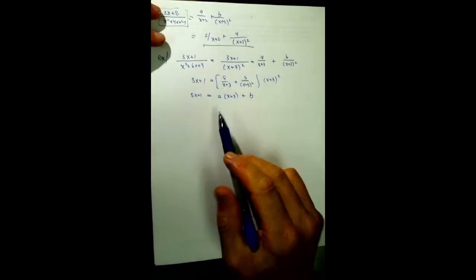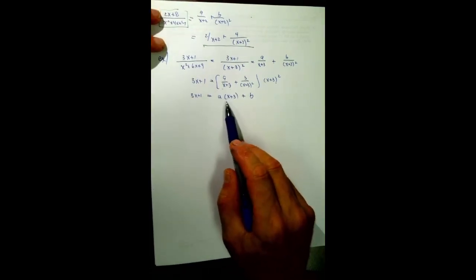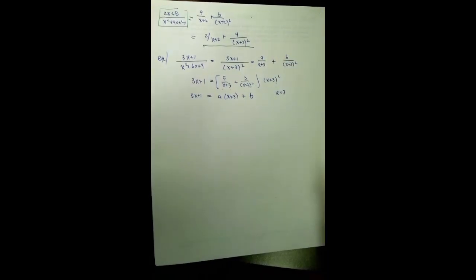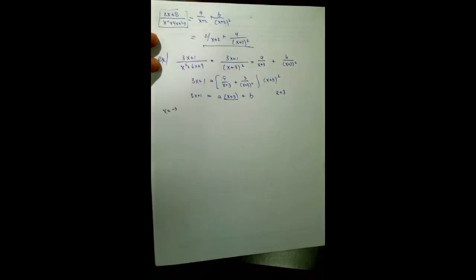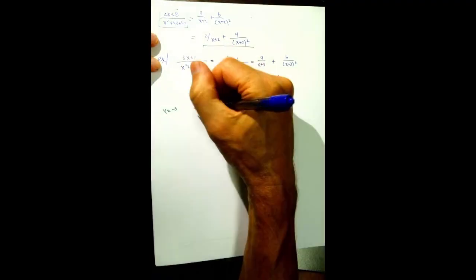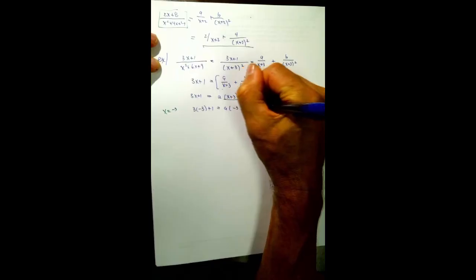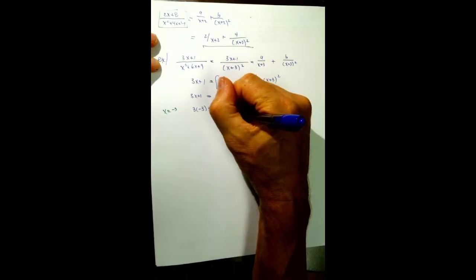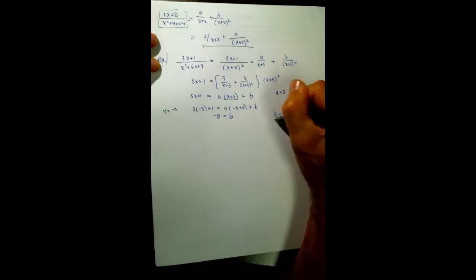So now using this the other way, you should immediately see that 3x equals ax, so a equals 3. Or I could do this: because of that x plus 3, I could let x equals minus 3. And this expression still has to hold true, so I'd have 3 times minus 3 plus 1 equals a times minus 3 plus 3 plus b. So minus 9 plus 1 is minus 8 equals b, so I get b equals minus 8.